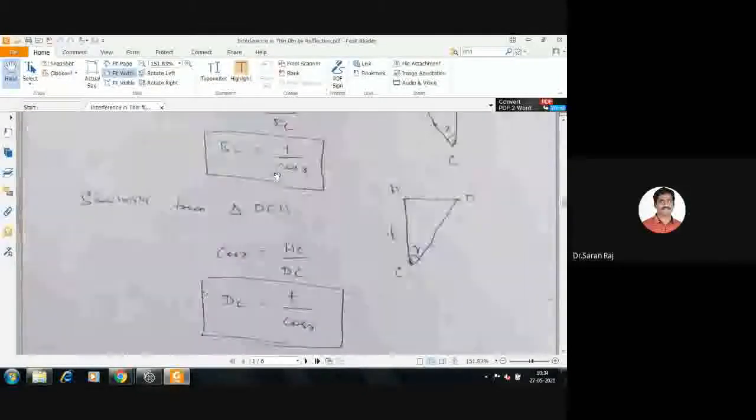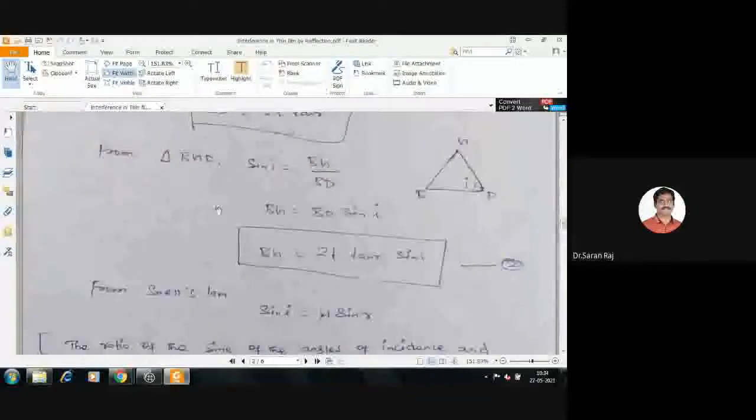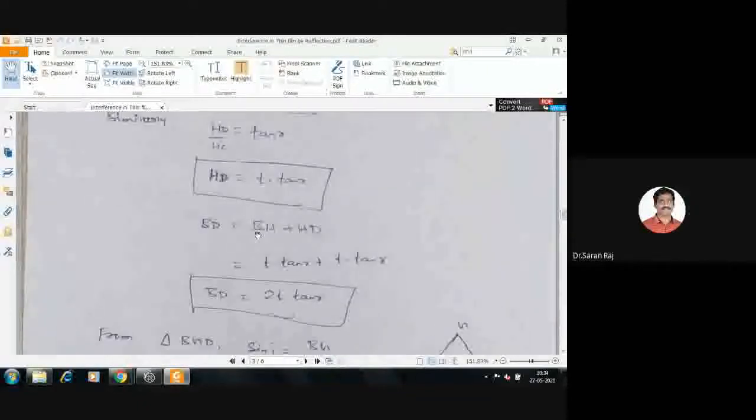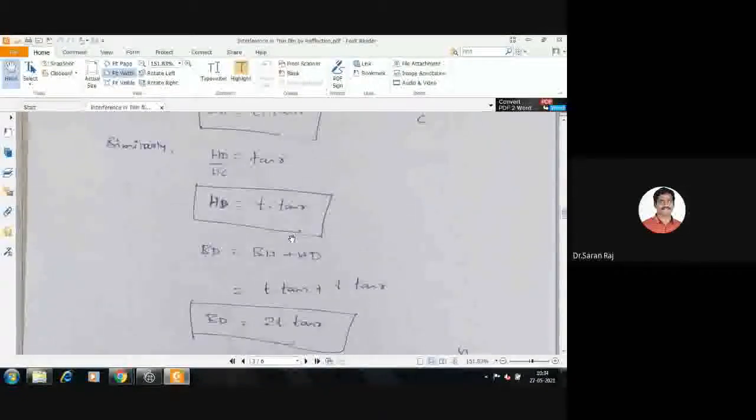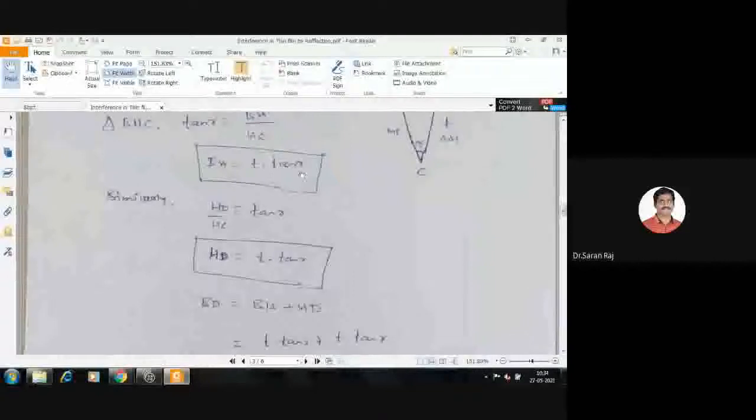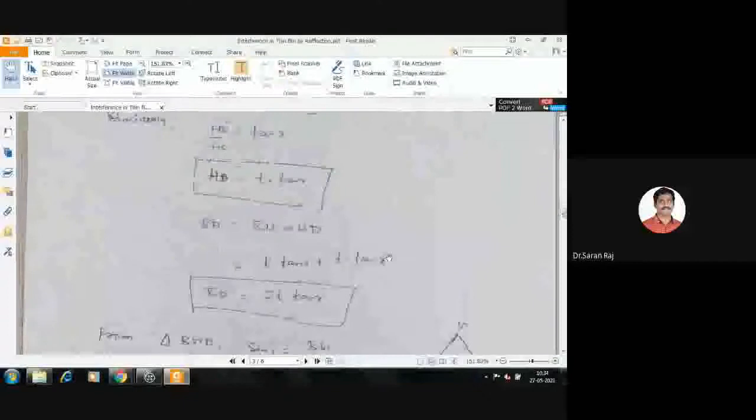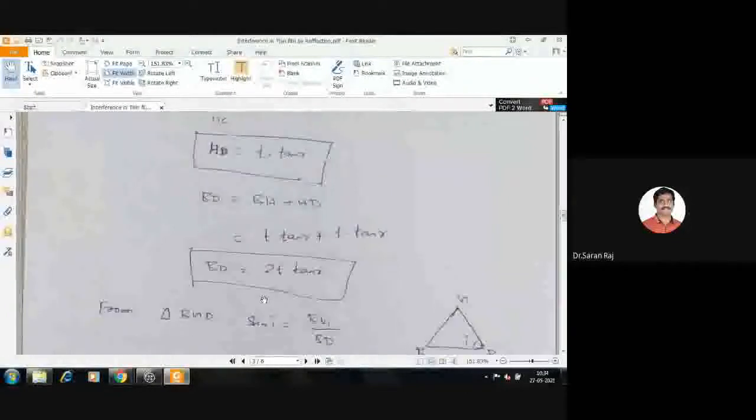So BD equals BH plus HD. The BH value is T into tan R, plus the HD value, which is also T into tan R. Both terms are the same, so you can write 2T tan R. That is the BD value. So the BD value is now known.